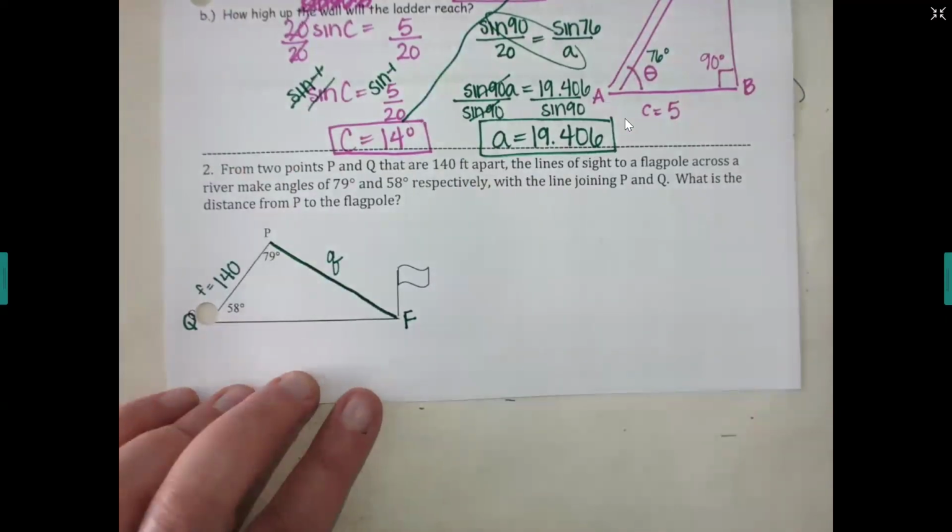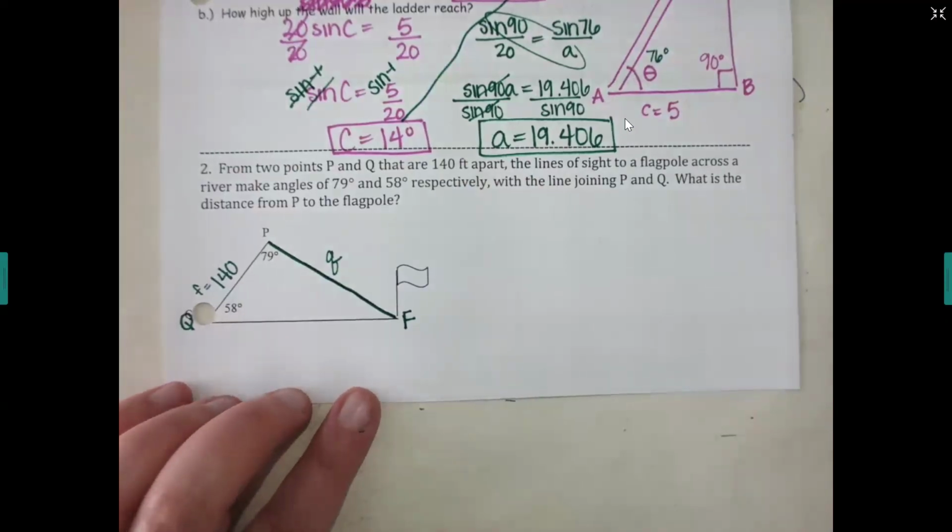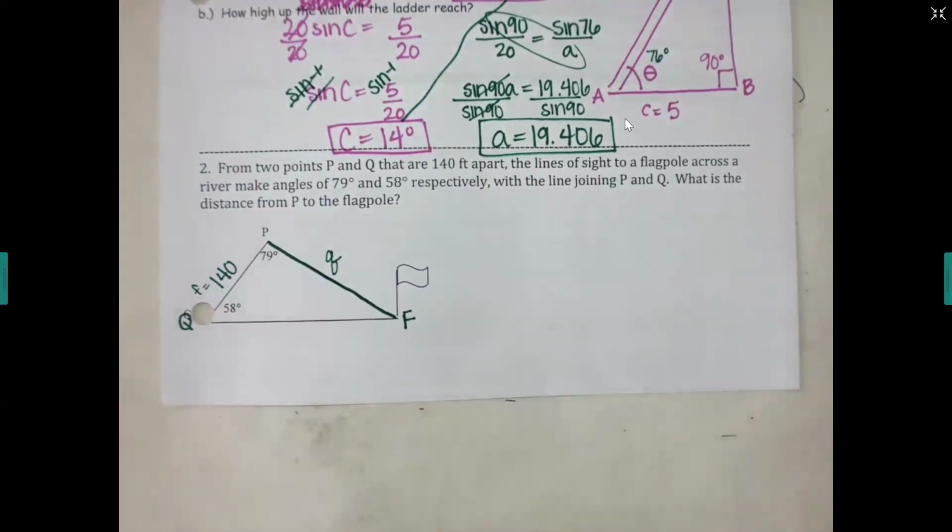So right now, I don't have partners, but could I have partners? Remember that all three of these have to add to what? 180. And so if you ever have two angles, you really have all three. So in your calculator, do 180 minus the 58 and the 79. Whatever is left over will be capital F, and then I'll have a partner with my little f.